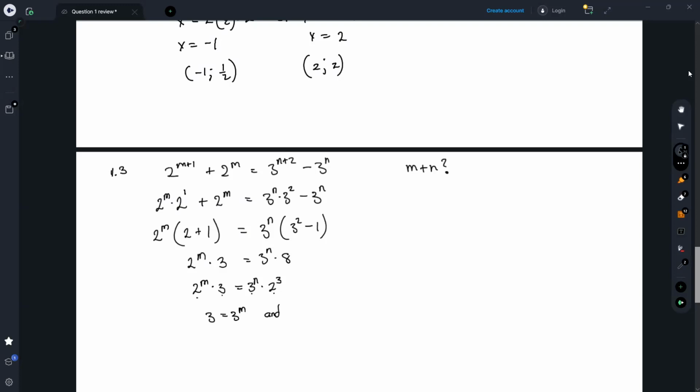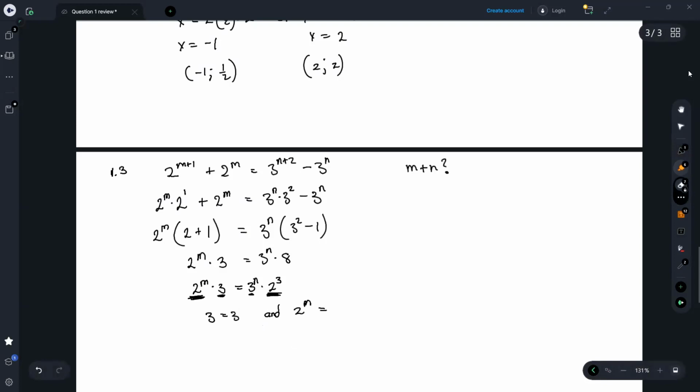And I can also say that this 2 to the power m belongs to this one here, because on the left, the only term that has a 2 is 2 to the power m. And on the right, the only term that has a 2 is 2 to the power 3. On the left, the only term that has a 3 is that 3 to the power 1. And on the right, the only term that has a 3 is that 3 to the power n. So I made a mistake here. It's supposed to be n. And so it means that this 2 to the power m is this 2 to the power 3, like that.